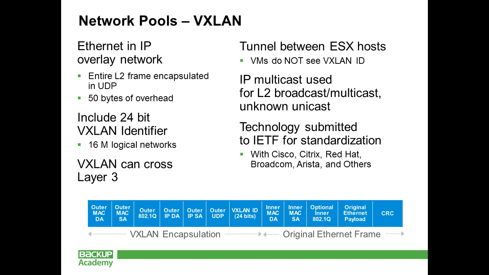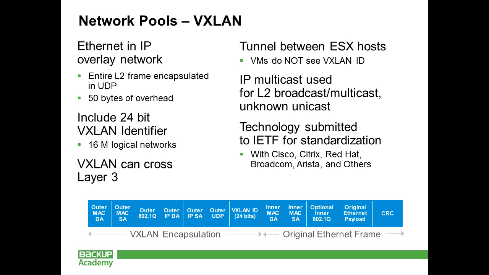Now, the great thing about using VXLAN with vCloud Director is once you've configured your multicast scopes and done your network preparation within the vCloud Networking and Security Manager, vCloud Director will automatically create your virtual wires or a VXLAN segment. So it makes it a lot easier to stand up your VXLAN networks across your layer 3 networks.